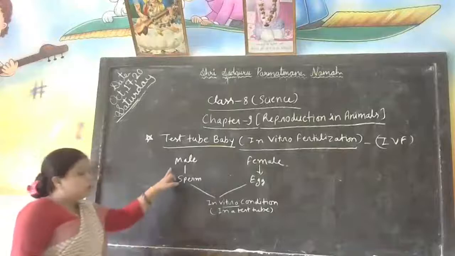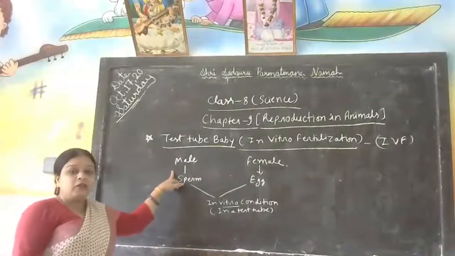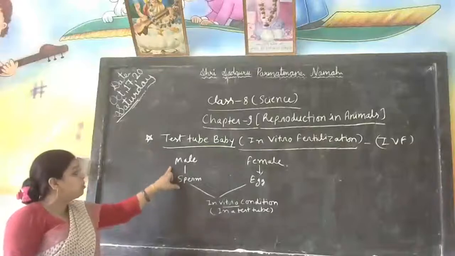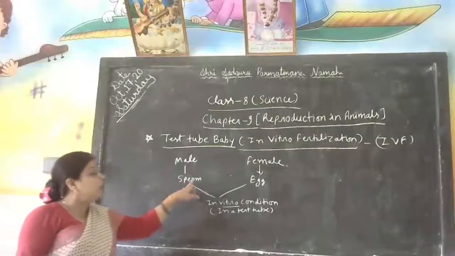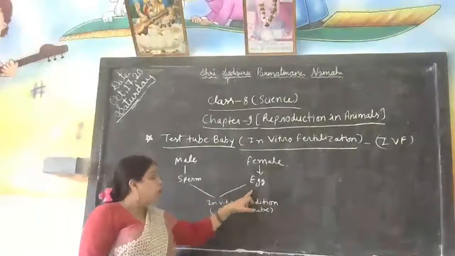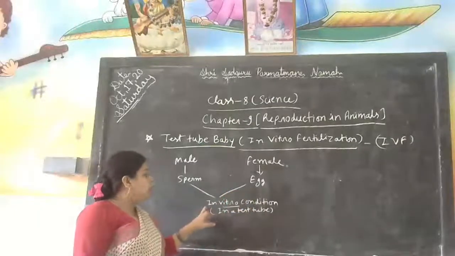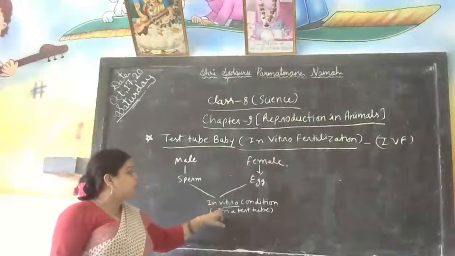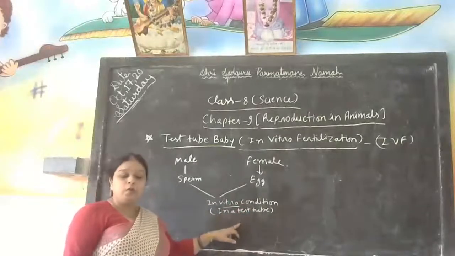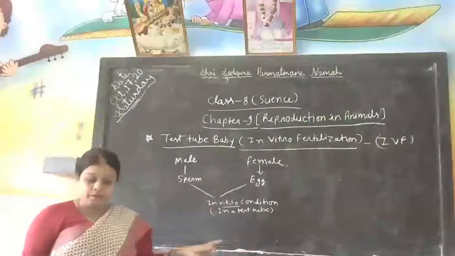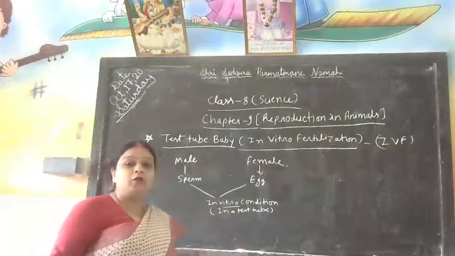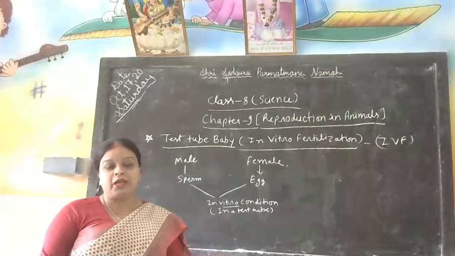Freshly released sperms are taken from the male, and eggs are taken from the female, and then they are kept in vitro condition in the lab in a test tube, and left for fertilization for some time.